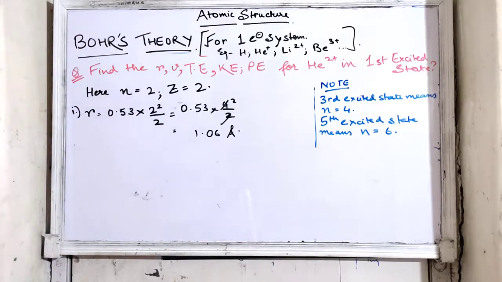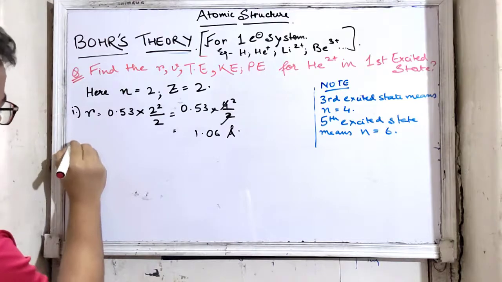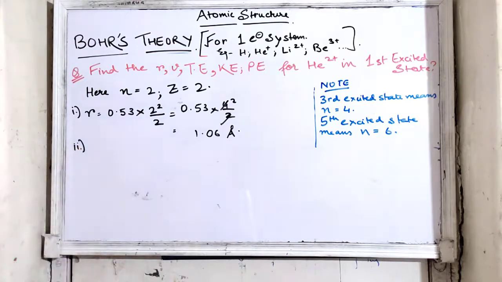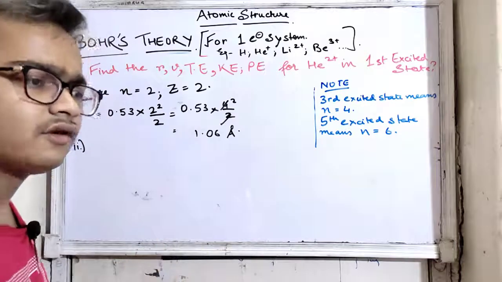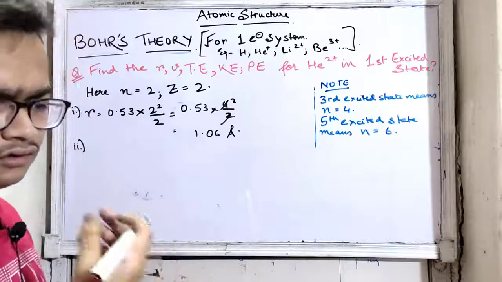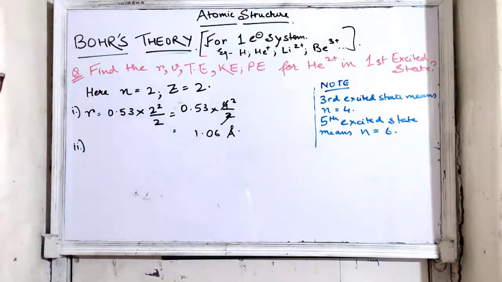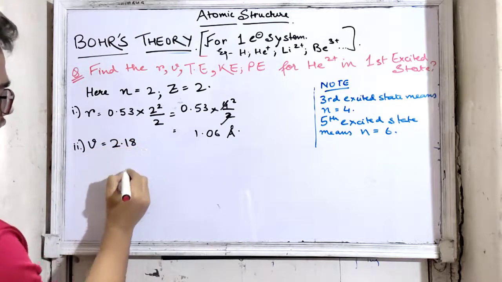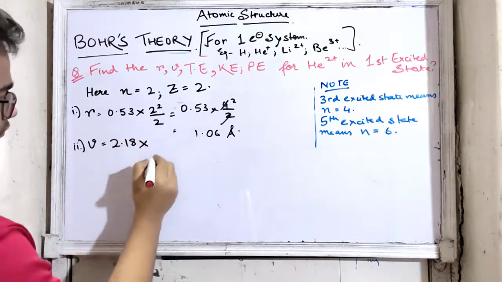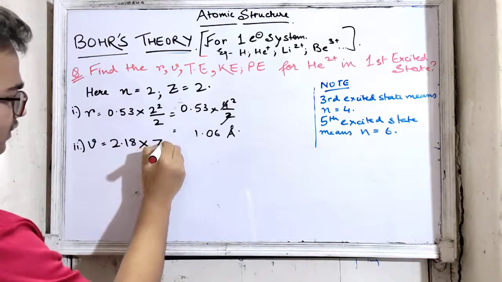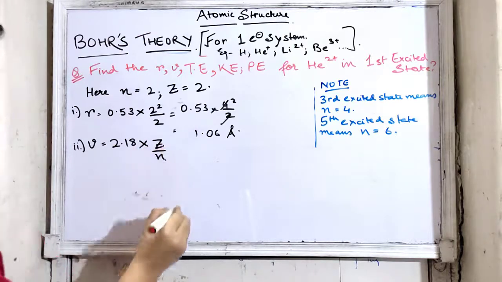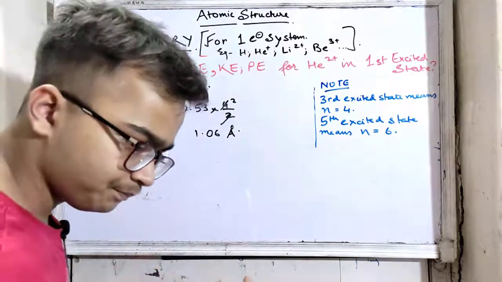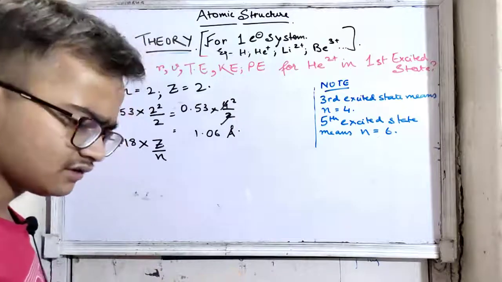So next question is asking you to find out the velocity with which the electron is moving around the orbit. So the formula for velocity, if you remember it, it was 2.18 into Z by n, and what is the unit?